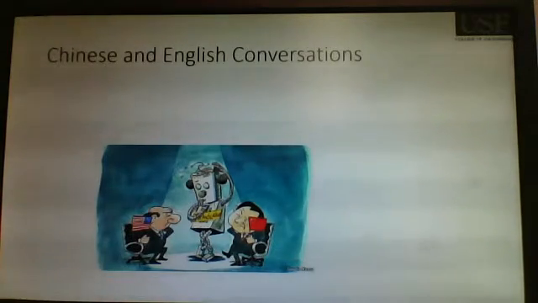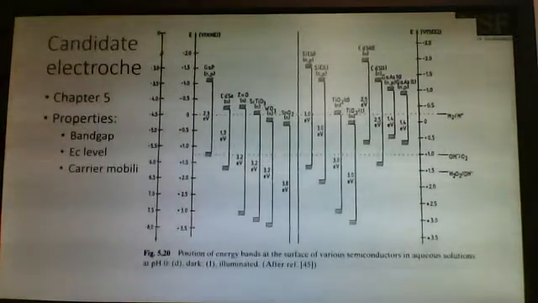So we know that, for example, the redox potential of hydrogen is a certain value, and therefore if we want to see what happens at an interface between an electrode and an electrolyte, we need to first match up these numbers.